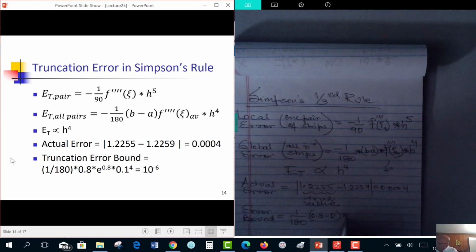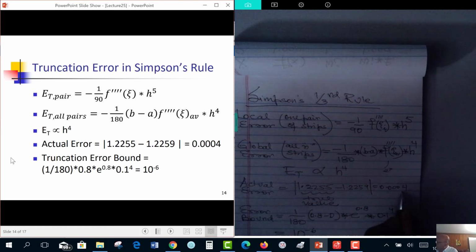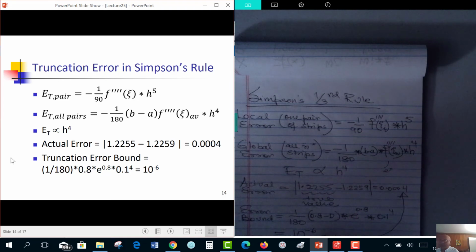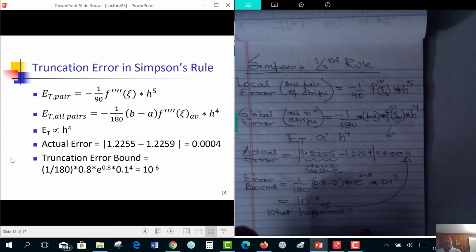So the maximum fourth derivative value would be 0.8 times 0.1 to the power 4. So we will get 10 to the minus 6. And this should be more than that. Error bound should always be more than the error. What happened? How can our error bound be less than the actual error?